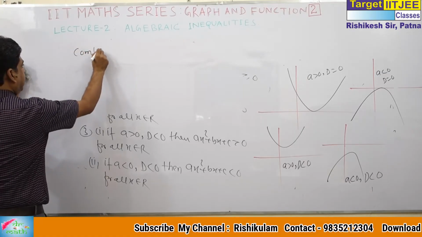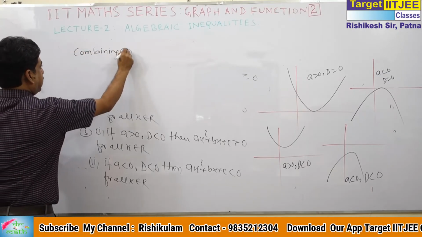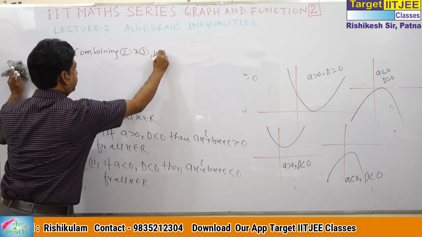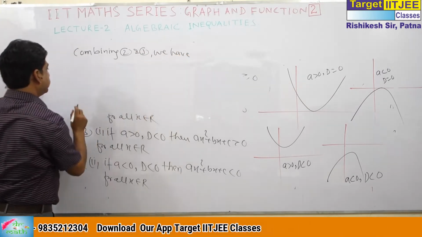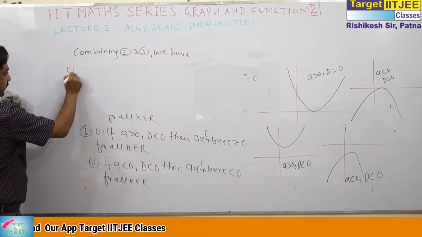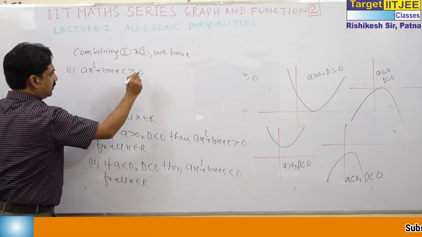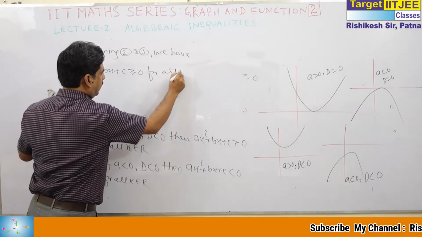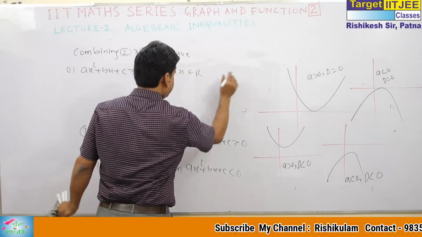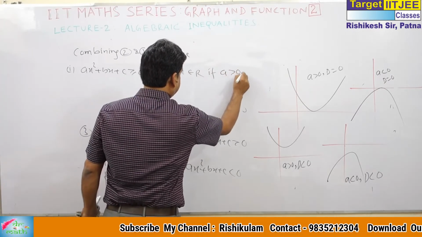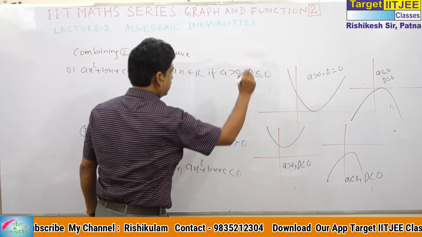Combining 2 and 3, we have number 1: ax square plus bx plus c is greater than or equal to 0 for all x belongs to R, if a is greater than 0 and D is less than or equal to 0.